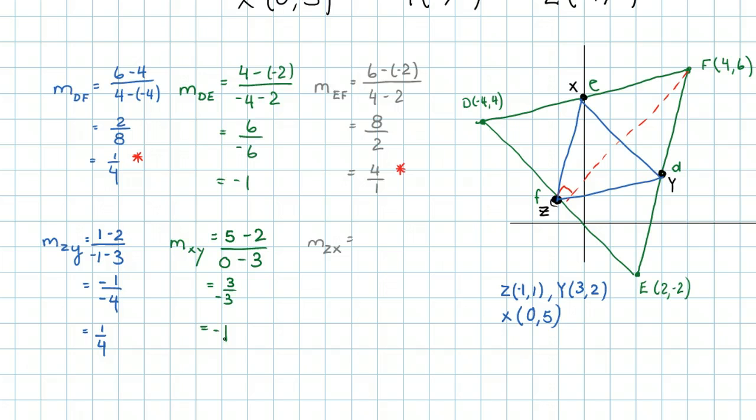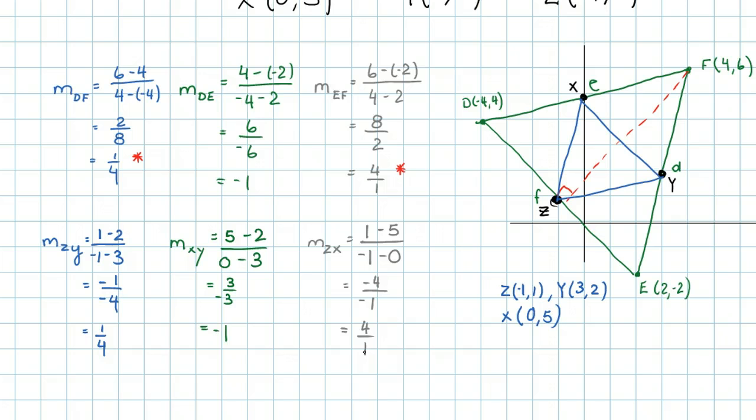Notice anything yet? Now let's do the last one. So we want ZX, so we're going to have 1 minus 5 over negative 1 minus 0, which is going to give me negative 4 over negative 1, which is 4 over 1.